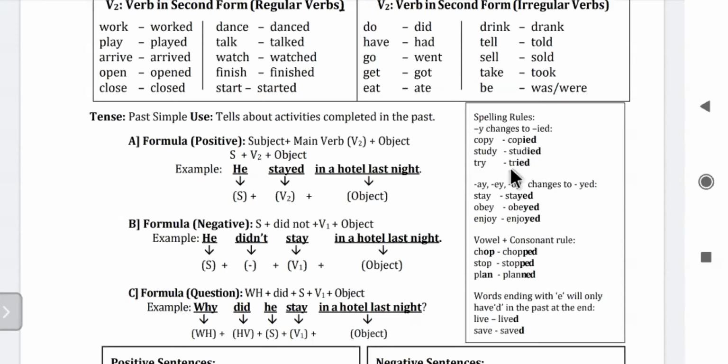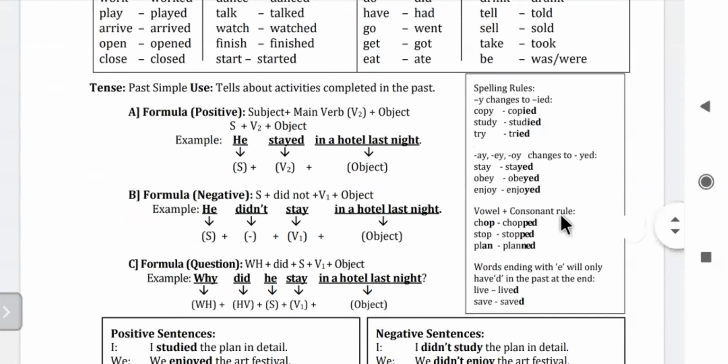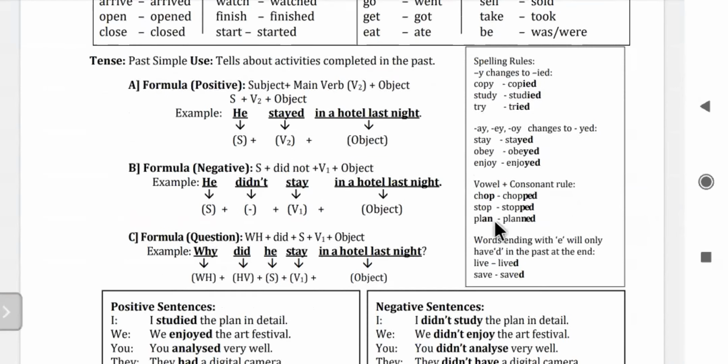Try, tries is the, what do you call that? Plural, and tried here as shown is the past tense. Also look at the spelling changes in some of these. How they change, you can look at that. And where there is a vowel and a consonant rule, you can also see that.